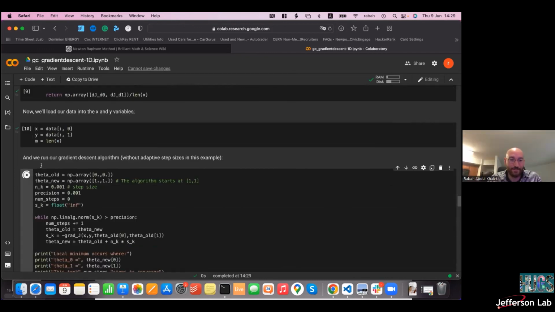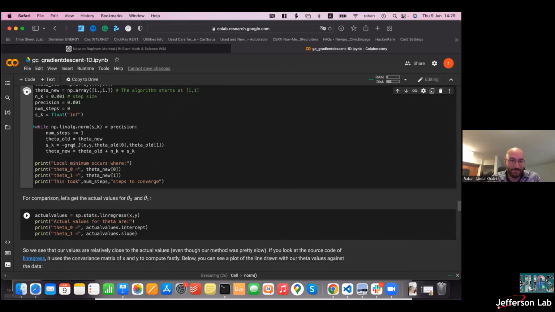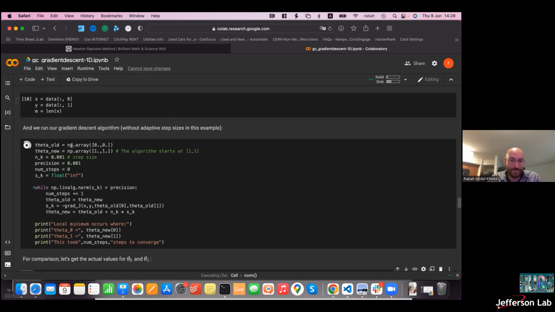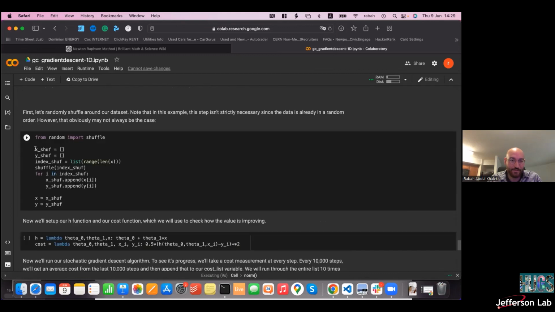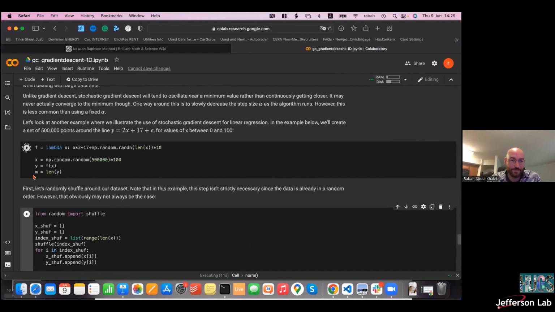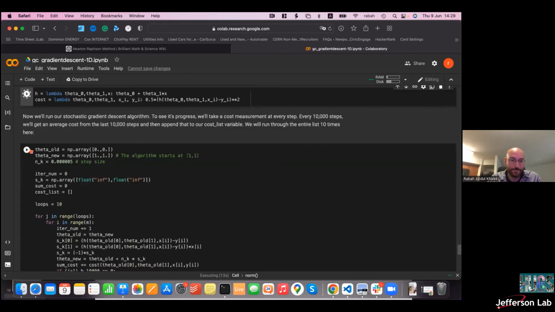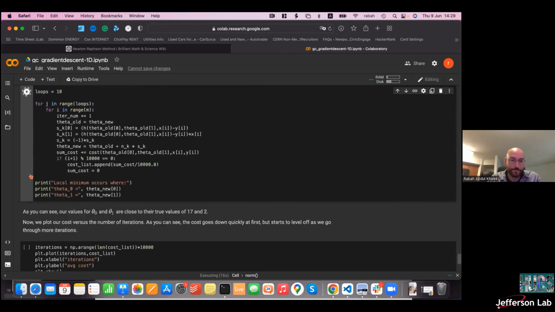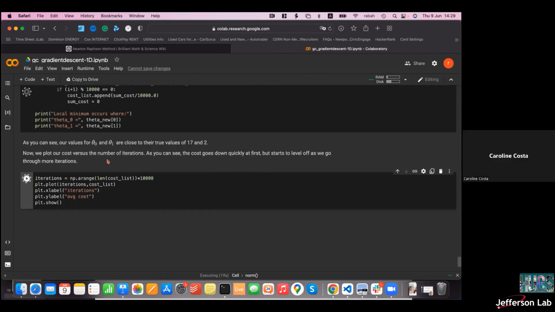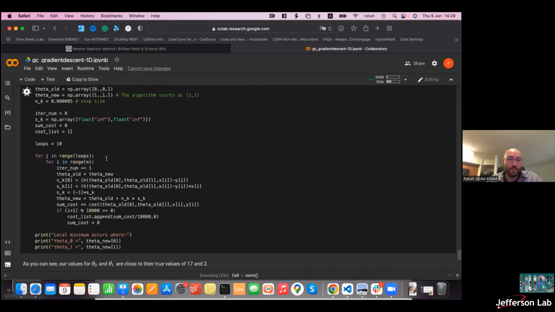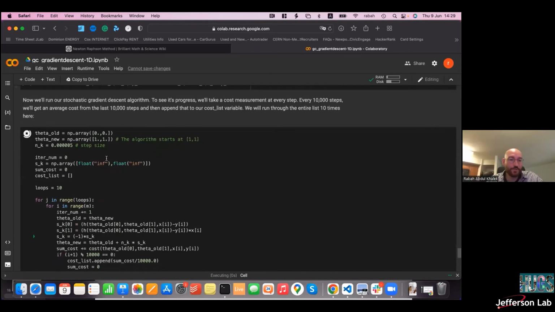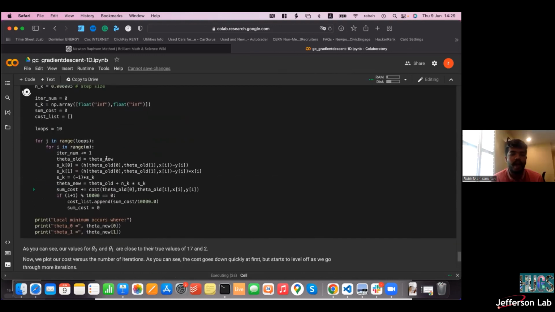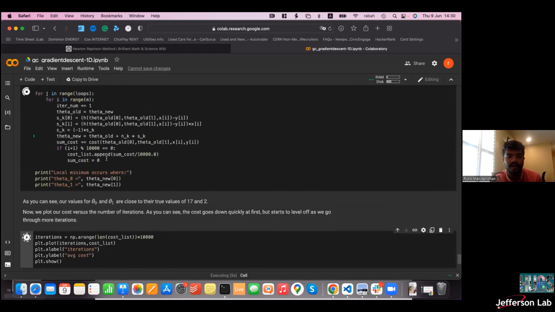Let me reach the cell. The question is, how do I compute it, or why? Yeah, so as you increase the number of iterations, the cost decreases.